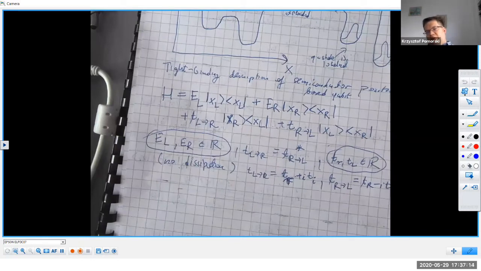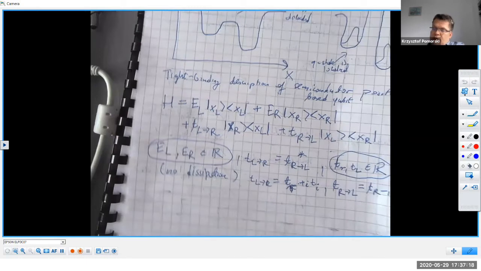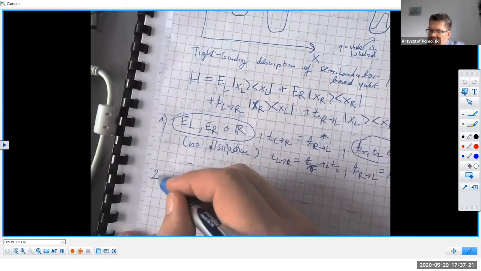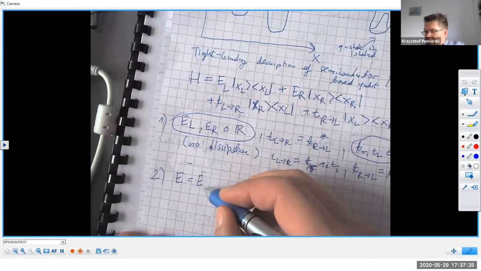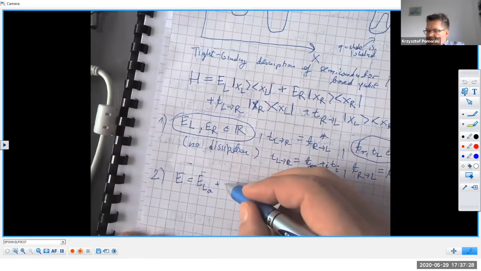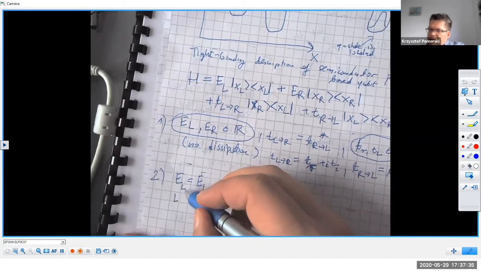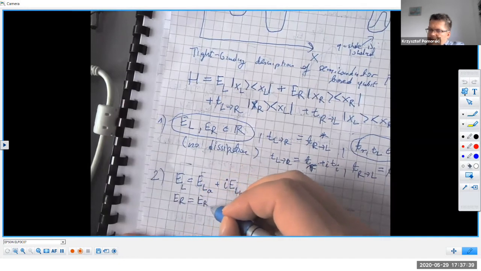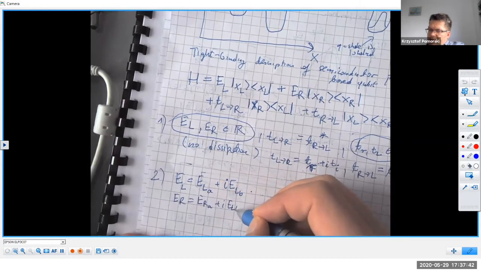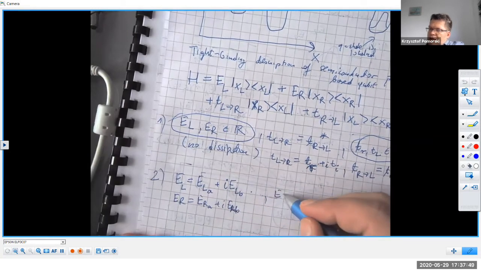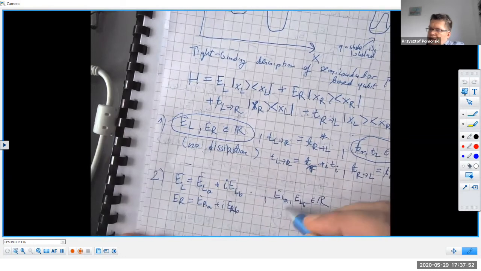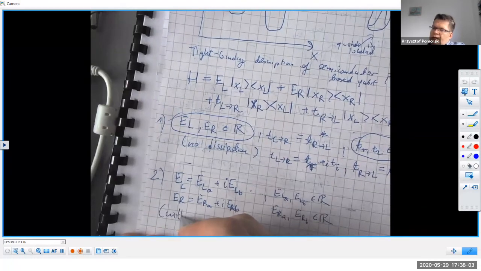However, if there is dissipation, then, for example, this can be written in such a way, and then obviously LA, LB have real values, as well with dissipation.